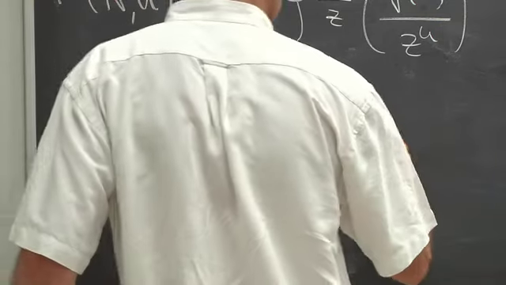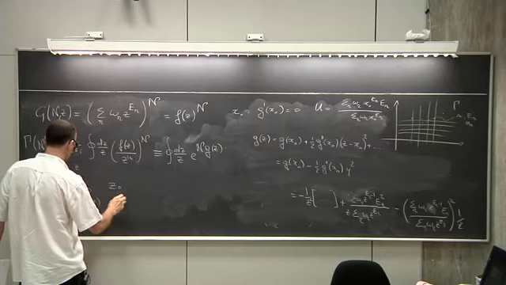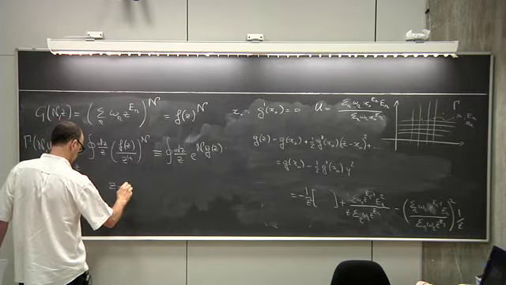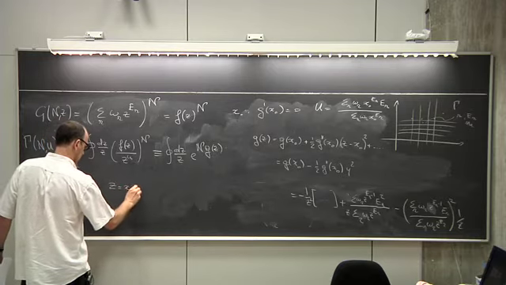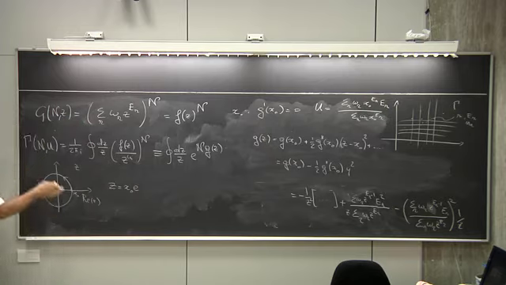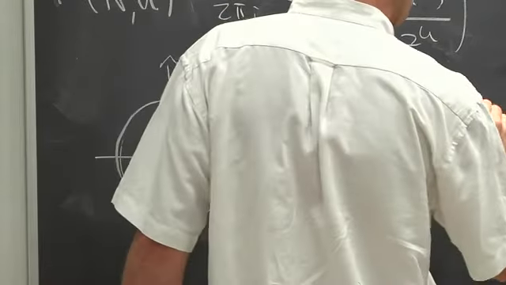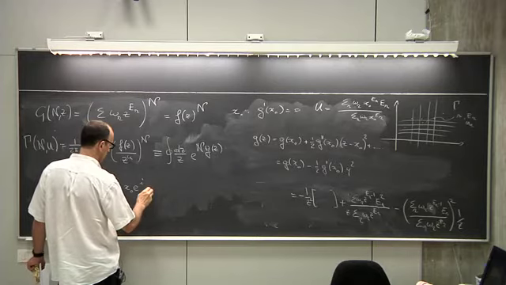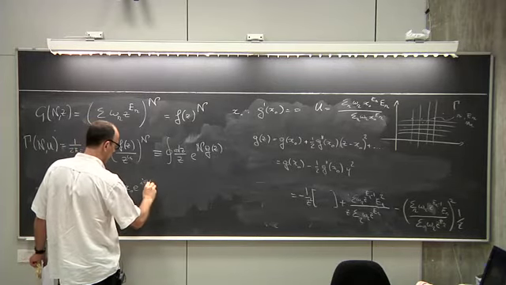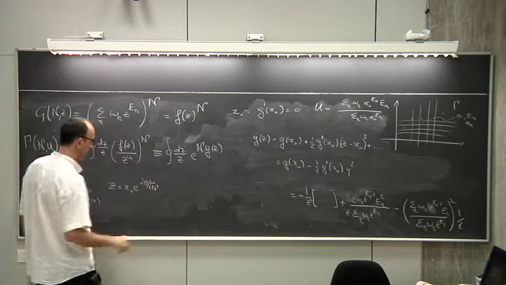In other words, I will take z as being equal to x naught times e to the i theta divided by square root of n.